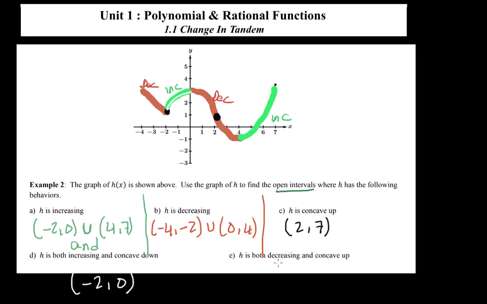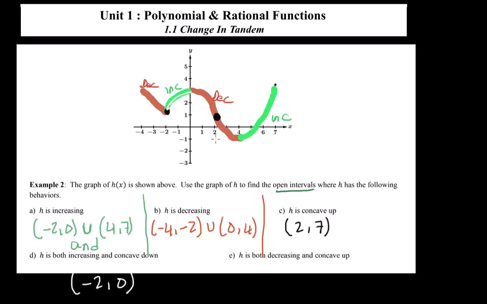Now we have to look at both. It must be decreasing and concave up. I know from 4 it's concave up, but it's increasing. You can see that from 4 all the way to 7, even though it's concave up, it's increasing. From 2 all the way to 7 is concave up, but from 4 on to 7 is increasing, and we're looking for decreasing.